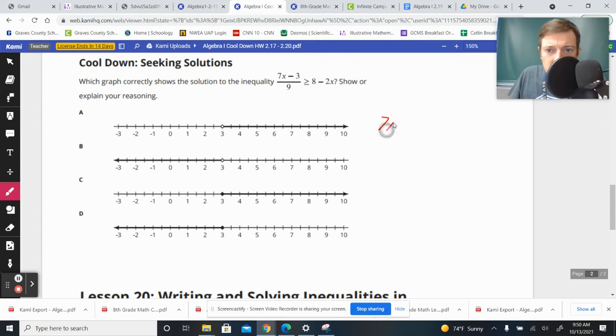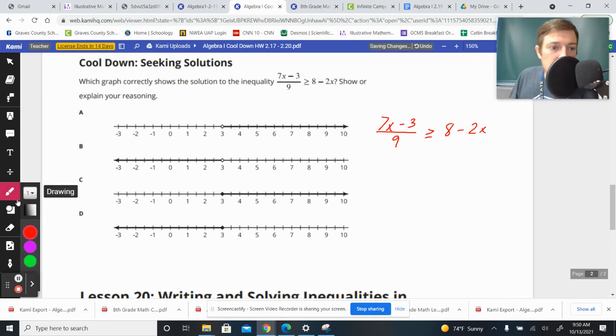Okay, so 7x minus 3 over 9 is greater than or equal to 8 minus 2x. The first thing that you want to do to get rid of this big fraction, we talked about this. There's a simple process that you can do to get rid of these big fraction bars with single numbers in the denominator. You just multiply the entire side of each part of the equation by 9.